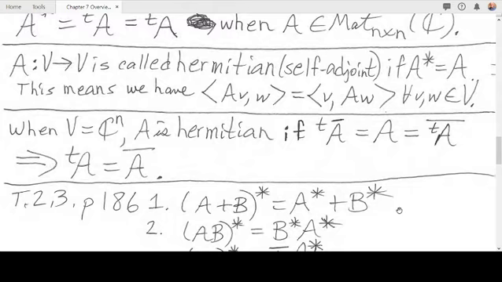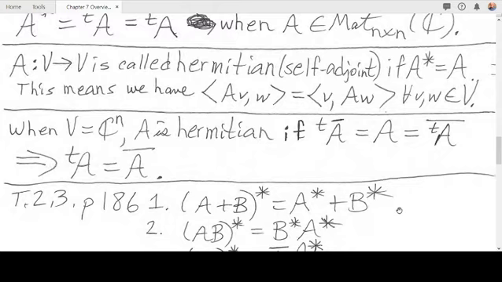Okay. So when our vector space is Cn, a matrix A is Hermitian if the transpose conjugate of A is equal to A, which is the same as the conjugate of the transpose of A. This implies a very important equivalent: A is Hermitian if its transpose equals its conjugate.